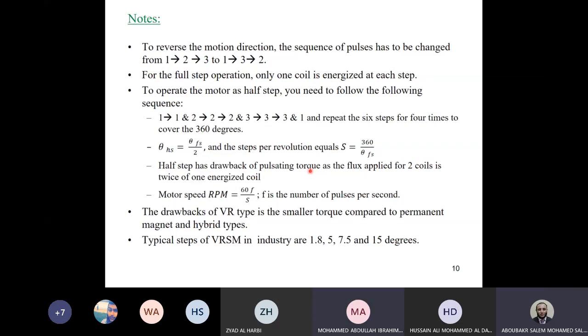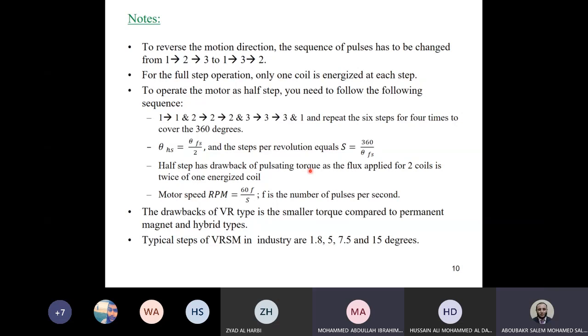And returning again to one coil, the torque will be reduced again. So in this mode of operation, we have a problem of pulsating torque. So this is one of the drawbacks of the half-step operation.